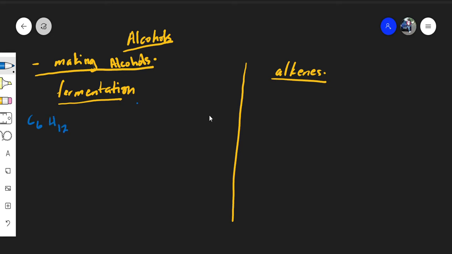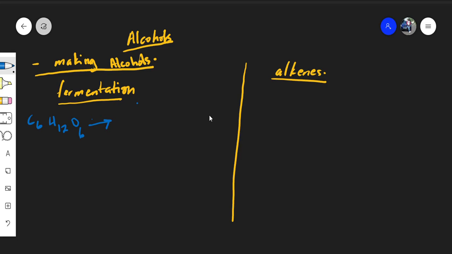So really, if we're making the alcohol from sugar, it should be done in the absence of oxygen, the absence of oxygen, right?